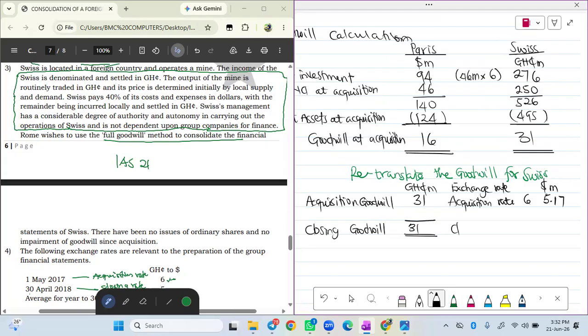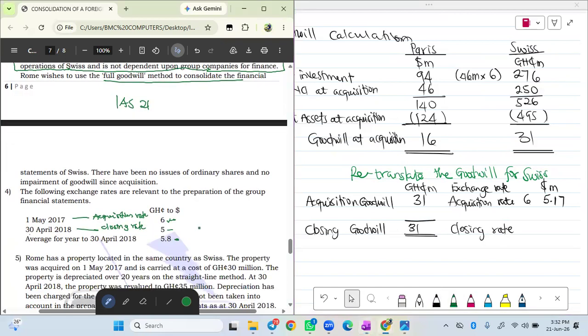But the rate translation will not be the same as a result of the rate. Closing rate in the question, 30th April 2018, is what? So what will be the closing rate? $6.2.